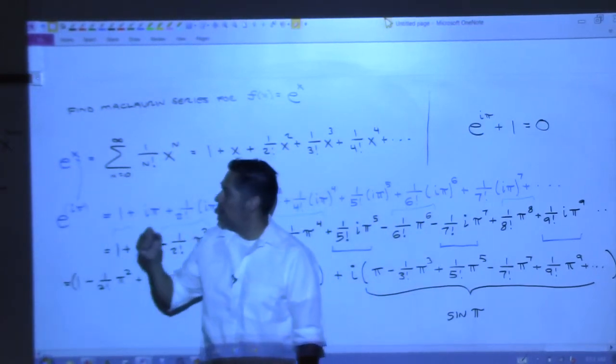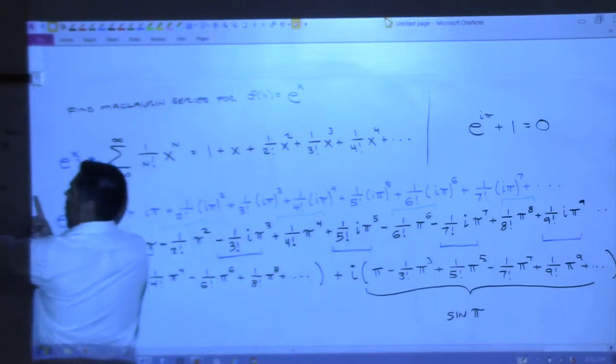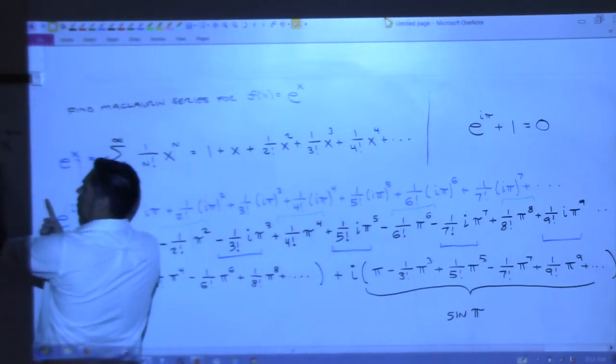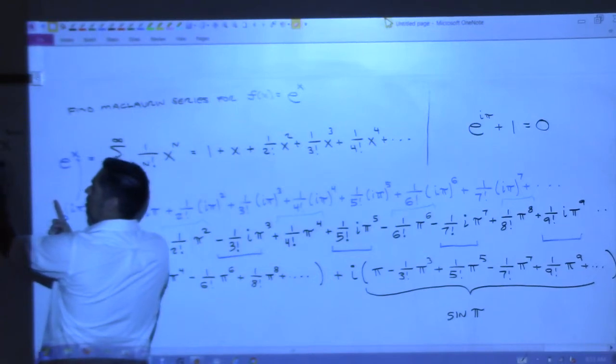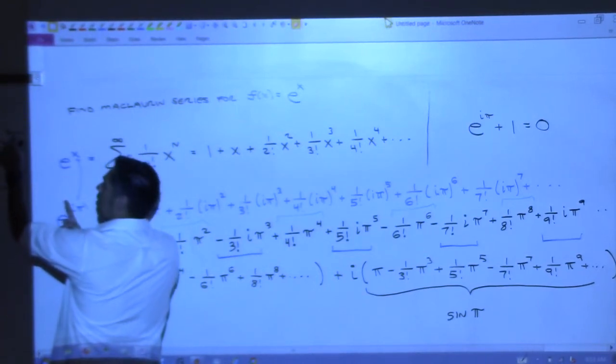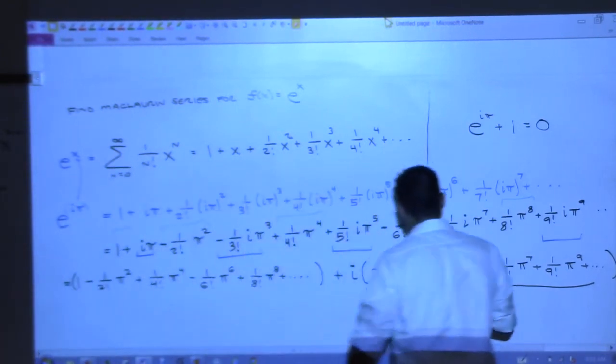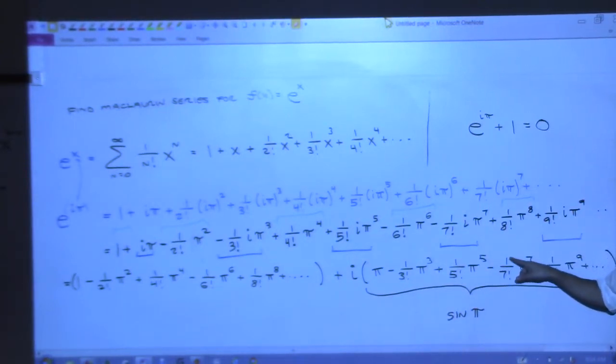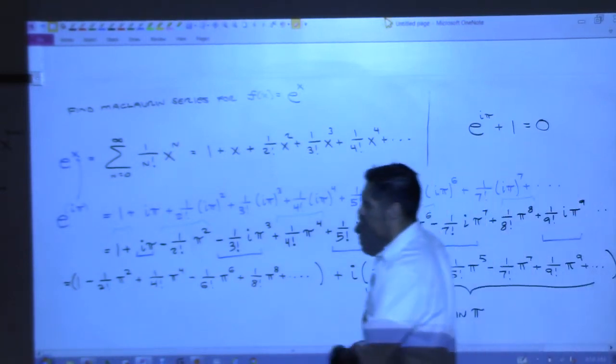Then if you plug in 1, what do you get? Negative 1 over 3 factorial pi to the 3rd. Then plus 1 over 5 factorial pi to the 5th, minus 1 over 7 factorial pi to the 7th. Understand? Yes? Okay, and then what is this?